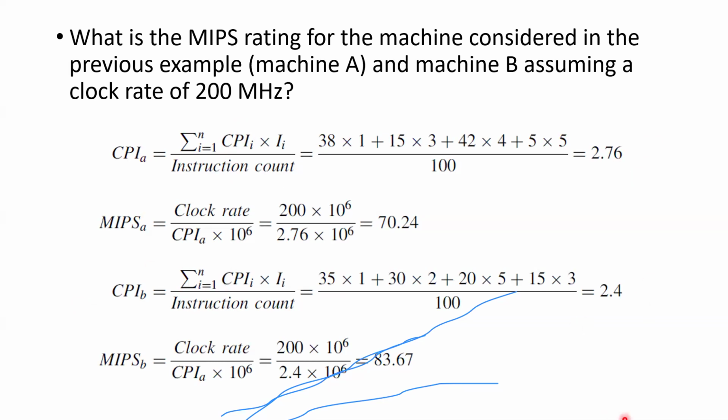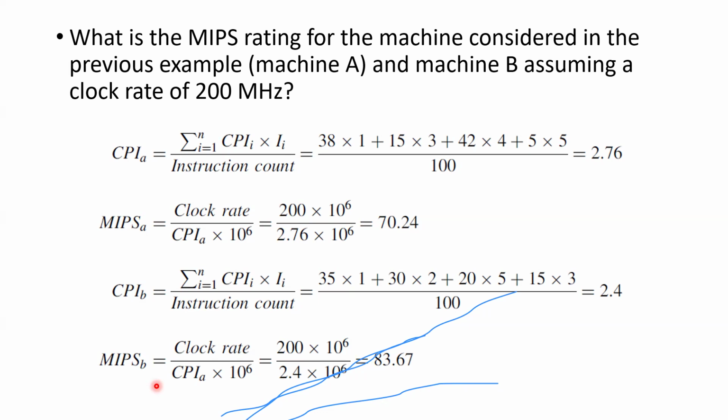Machine B. Looking at this again, if I'm taking the MIPS, which machine is better? Machine B is better than machine A. Why is machine B better than machine A in terms of MIPS? It can perform more instructions per million. Per million. Very good. Are we okay?